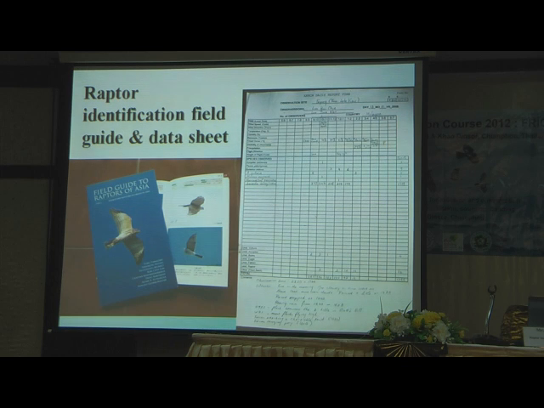It can be just a simple sheet with numbers, species, time. But here it has many things like cloud cover, and then humidity and so on. This is the ARCN data sheet.